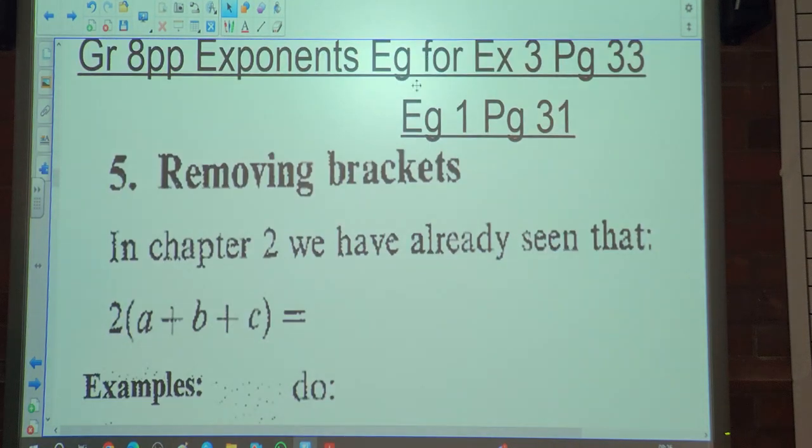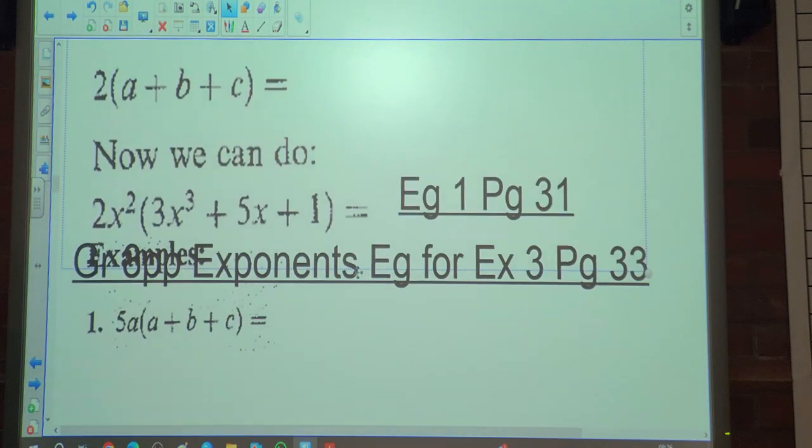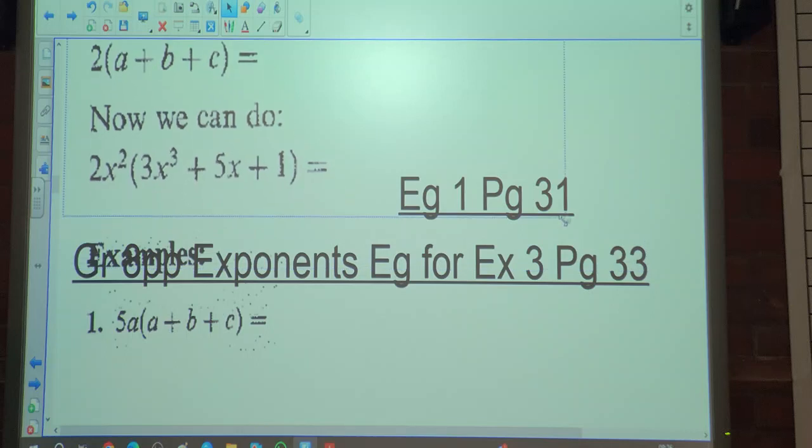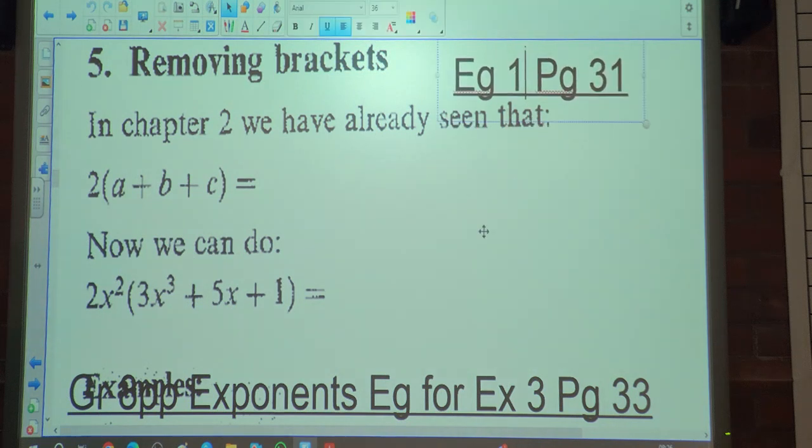We're going to do the second lot, and the heading for today is removing brackets. In chapter 2, we have already seen that. So what you're going to do is complete these two sums for me quickly, okay?